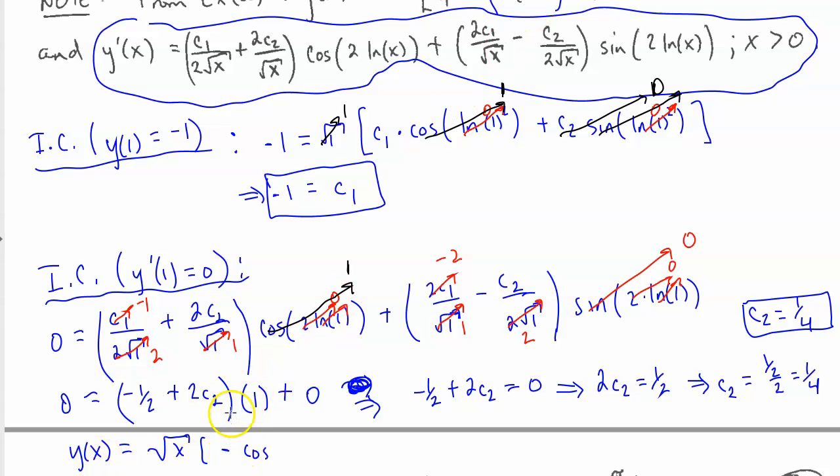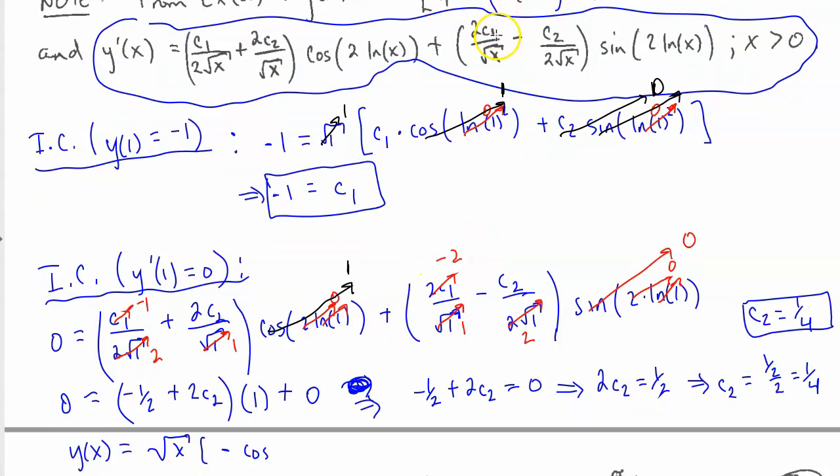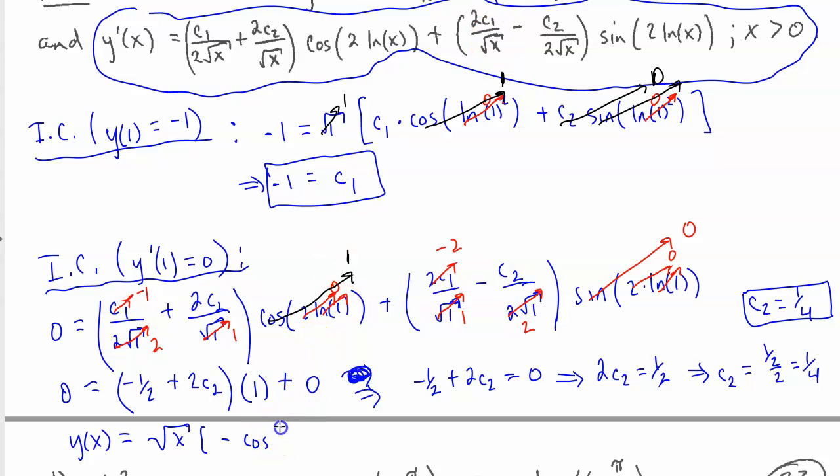That's C1 cosine of natural log of x squared, and then plus C2, which is 1/4, sine of natural log of x squared. So this would be our final answer here.